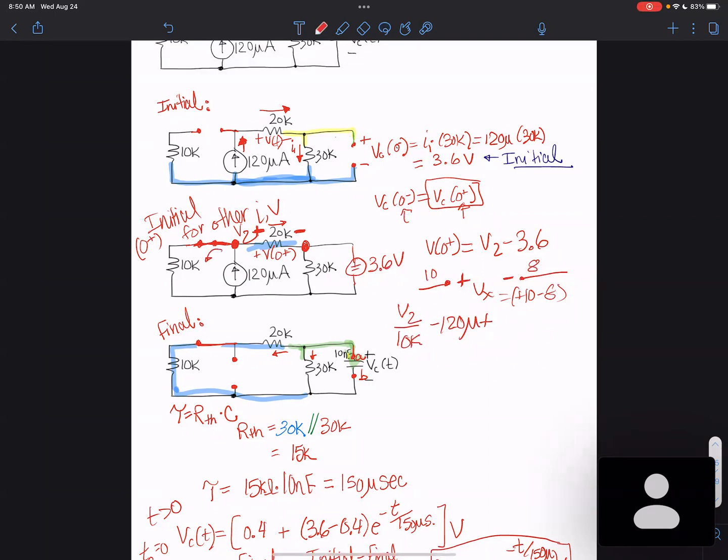So I have this current. What is the current going through this one going to be described as? What's this voltage here? It's 3.6 volts, right? So what's the current?